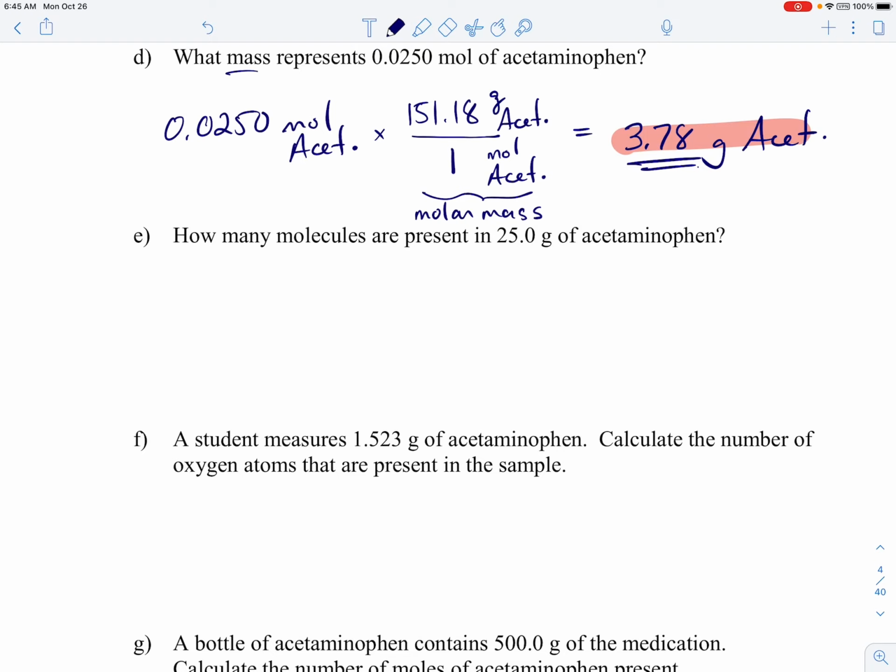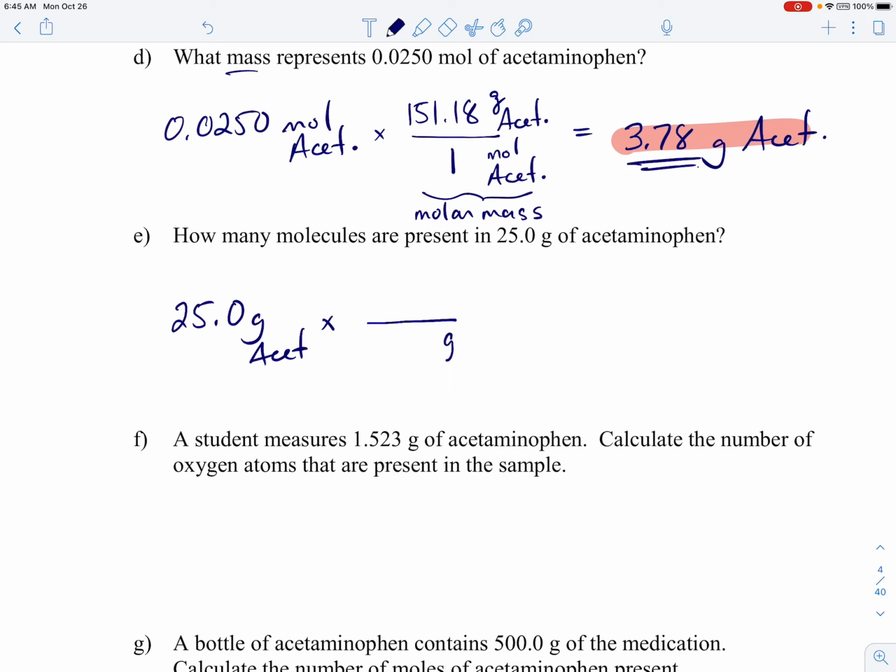Well, how do I find the answer? Well, we'll take the number that was given. We have 25 grams of acetaminophen. And what we'll do first is what we did sort of up above. Before, in the last question, we converted moles to grams. This time, let's convert grams to moles.